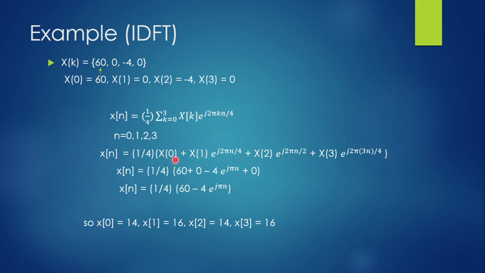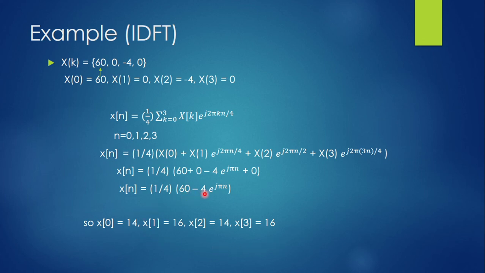Now put the values of x0. x0 is 60, x1 is 0, x2 is minus 4, x3 is 0. You got this equation. In this equation, you have to put the values of n is equal to 0, 1, 2, 3 to get the input signal.